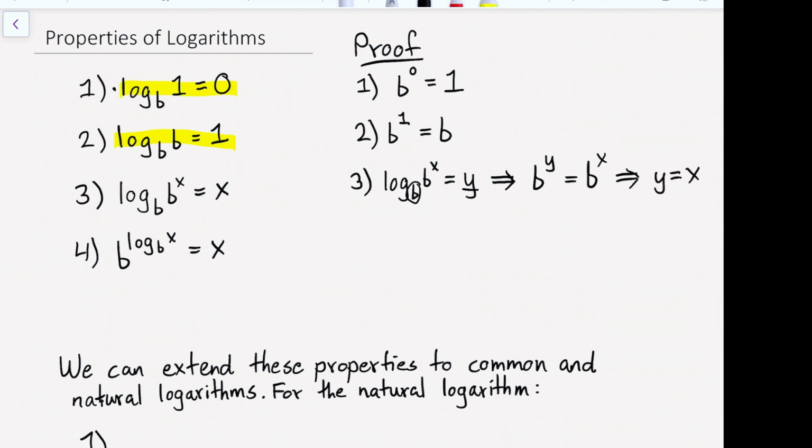Well, if b to the power of y equals b to the power of x, that is only true if y equals x. Therefore, going back to our original statement, log b of b to the x must equal x.